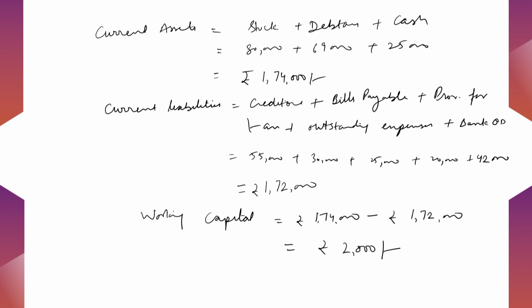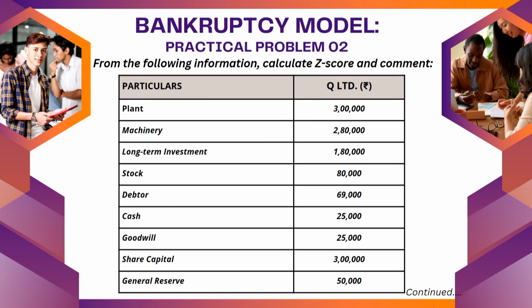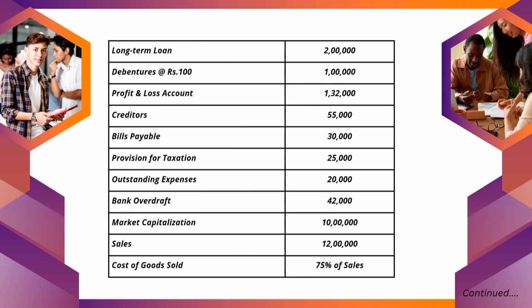As we computed the two components, next we need the retained earnings. As given in the question, there is nothing in the name of retained earnings. So we move with what is available. As you can see in the question, we are given general reserve and we are also provided with information in the name of profit and loss account.